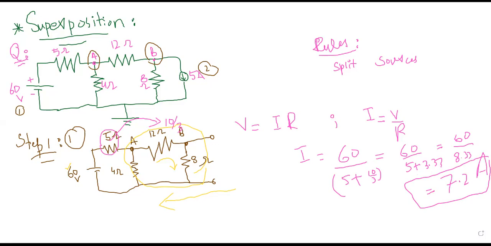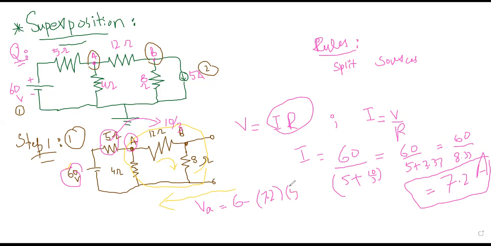For the first one, just a minute, VA equals 60 minus, for just terminal A, 60 minus what? As V equals IR, the value of I is 7.2, and the value of R is 5 ohm.